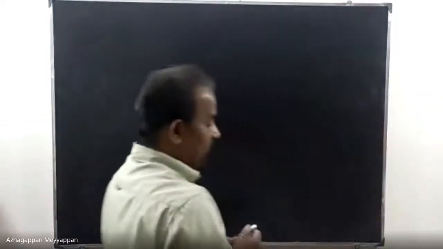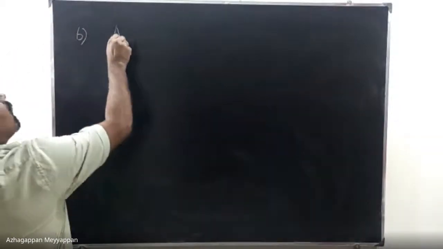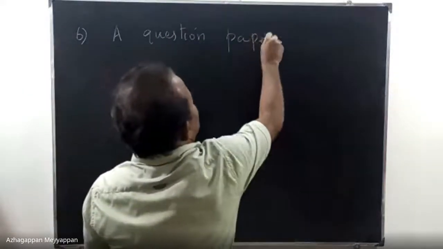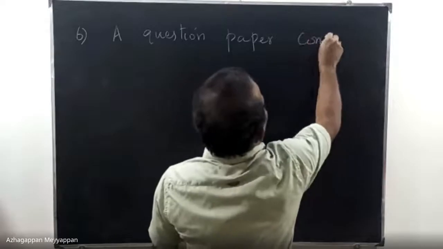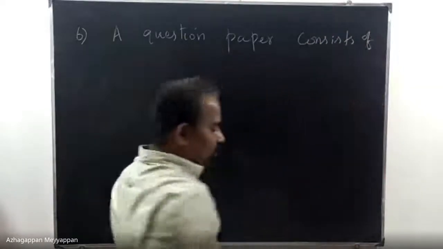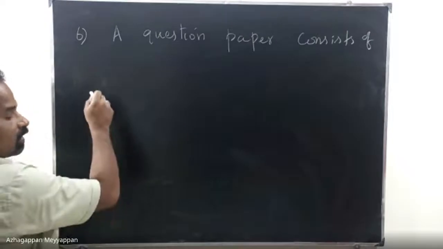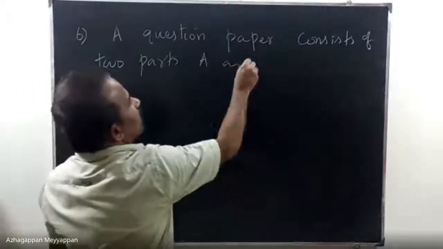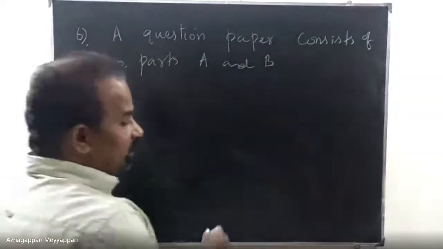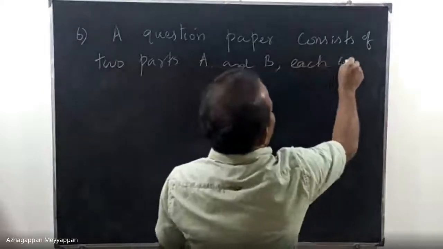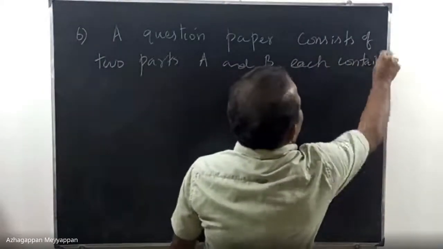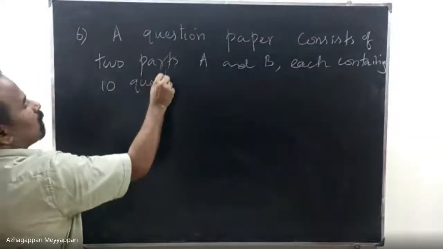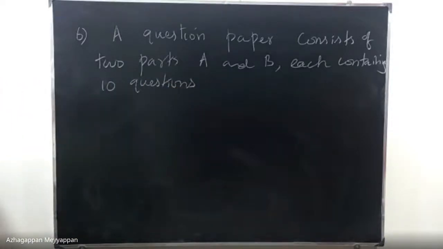The next question is, a question paper consists of two parts, A and B, each containing 10 questions.